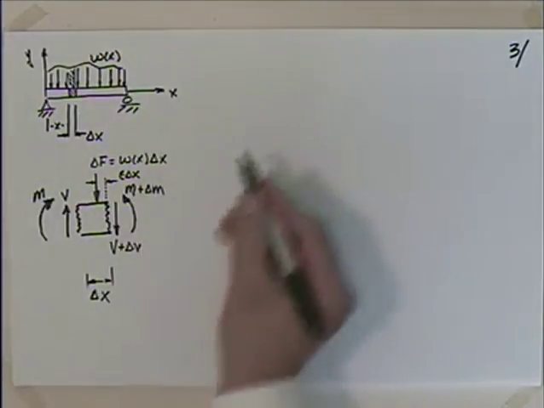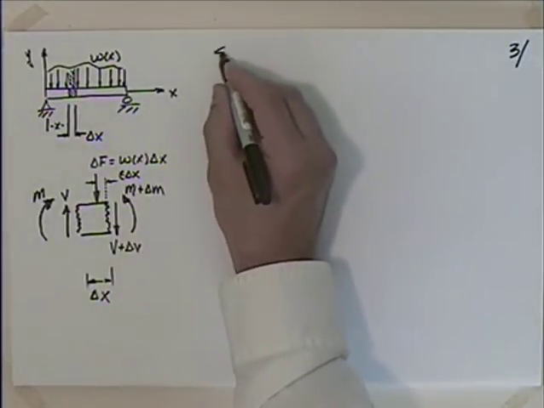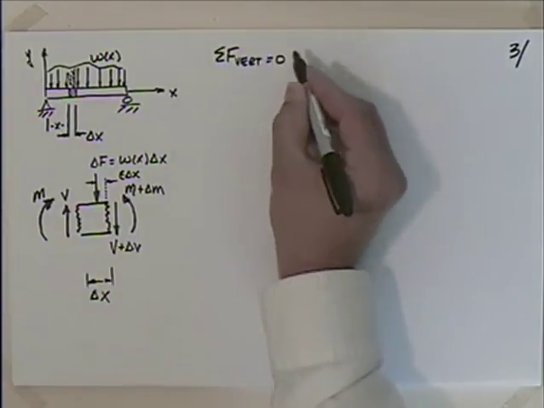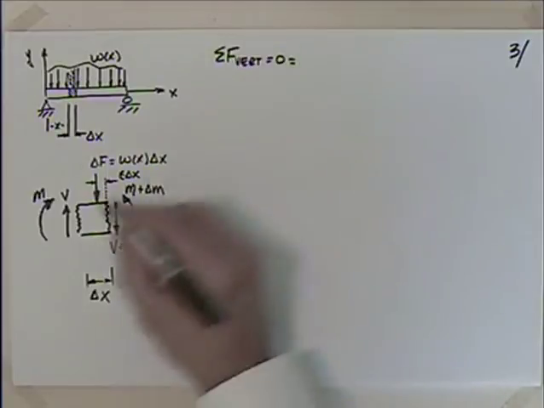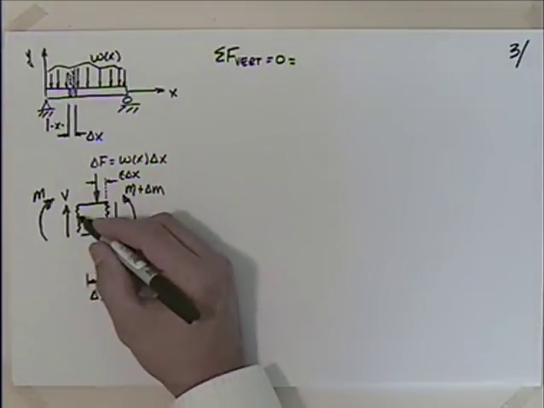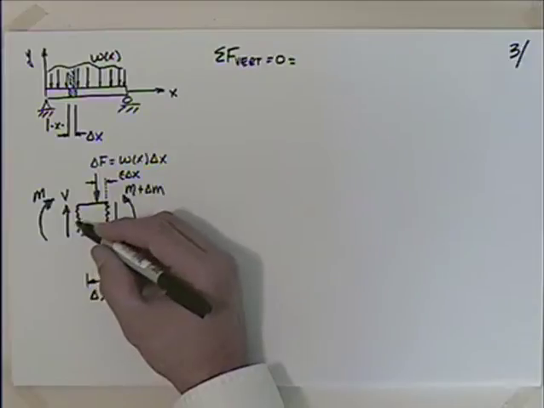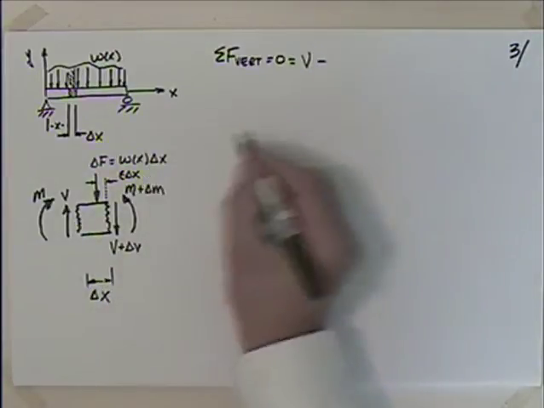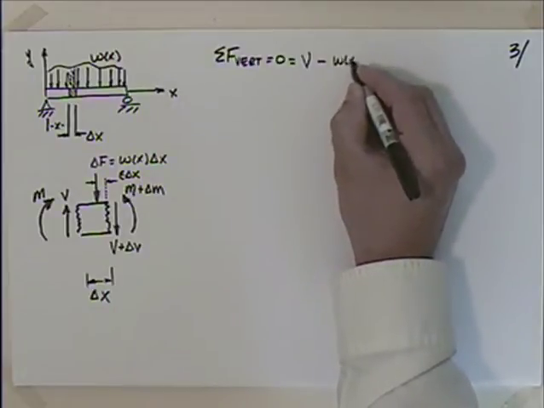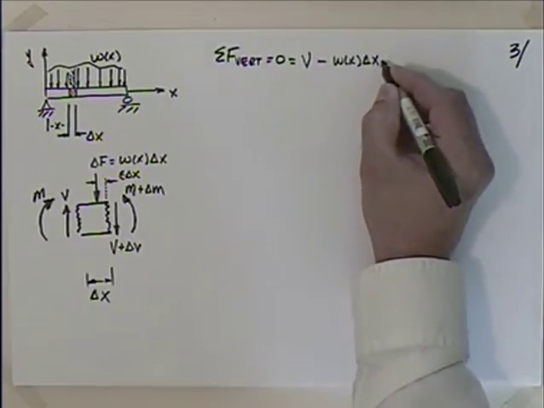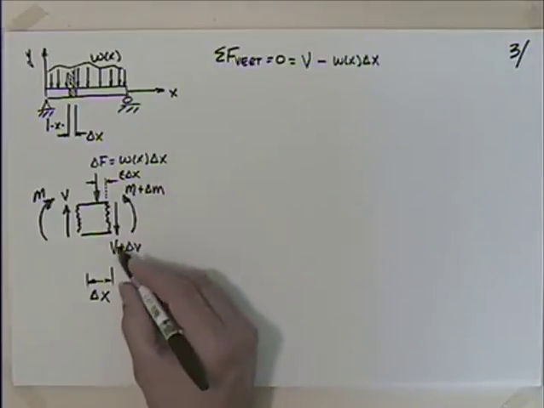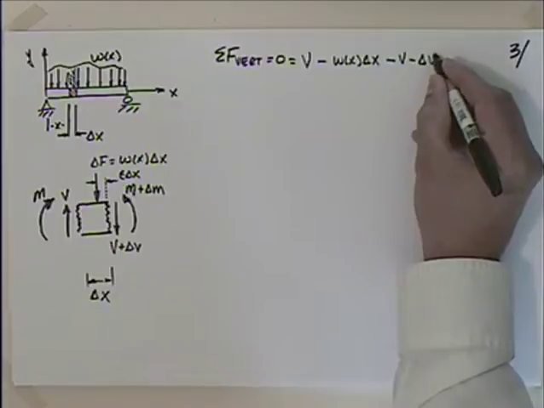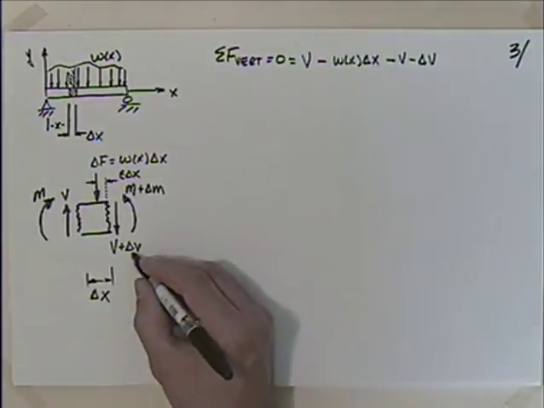So with that, I can talk about summing the forces in the vertical direction, setting those equal to 0. And what do I have? I have V acting up. And then I have to subtract off this one, W of X times delta X. I also need to subtract off this one, so I'm going to have minus V minus delta V, because I'm subtracting off that.